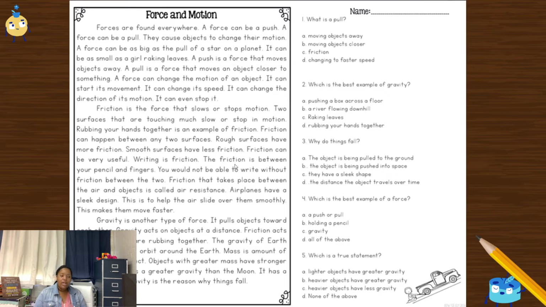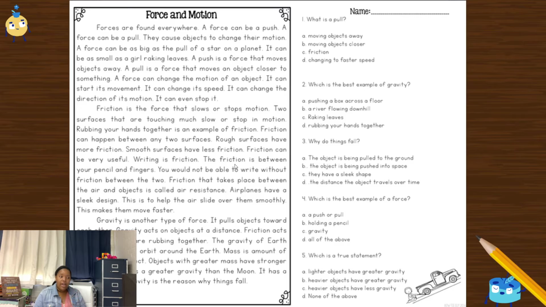Well, this one we have to think a little bit about because I may not be able to find the exact answer in the text, but in paragraph 3, it does tell us that the gravity of Earth holds the moon in orbit around the Earth. Mass is the amount of matter in the object, and objects with greater mass have stronger gravity.